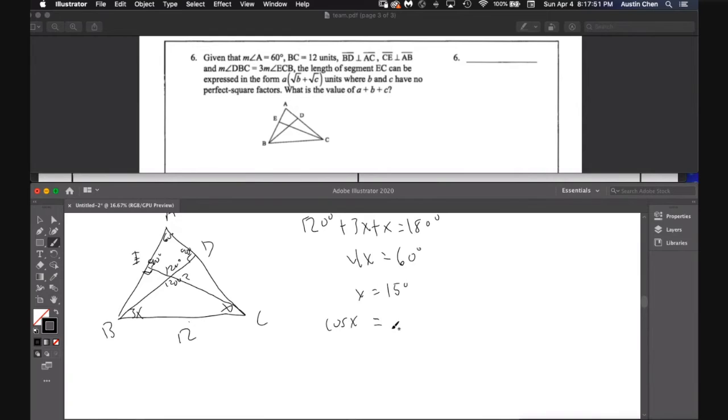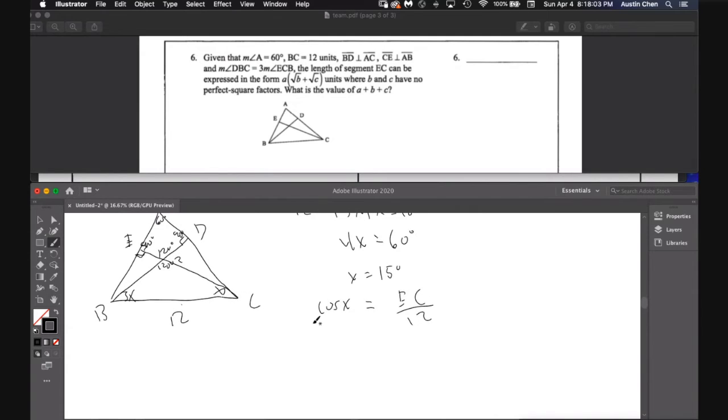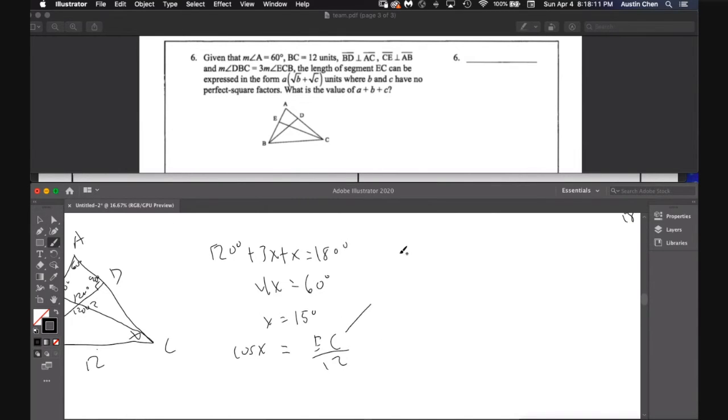So cosine of x will equal EC, the adjacent to x, over the hypotenuse, which is 12. And well, we know what x is, but we need to evaluate what the cosine of x actually is to find the radical form of EC. So you need to find cosine of 15 degrees.